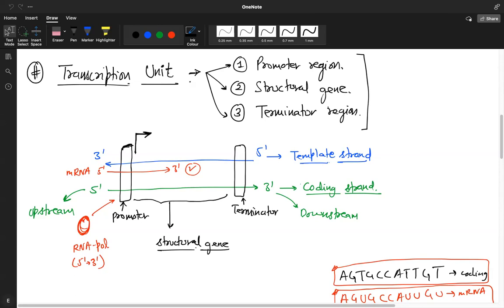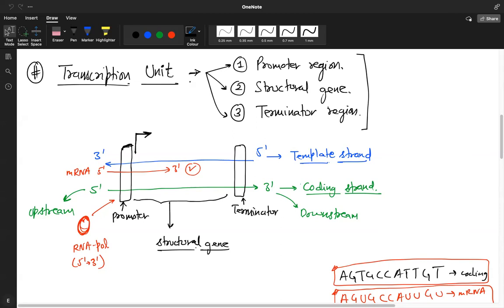Remember, we were also discussing why only one strand is the template strand and the other is the coding. So the position of promoter and terminator decides the direction, right? Yes, sir. Because transcription can only happen starting from a promoter and ending at a terminator.